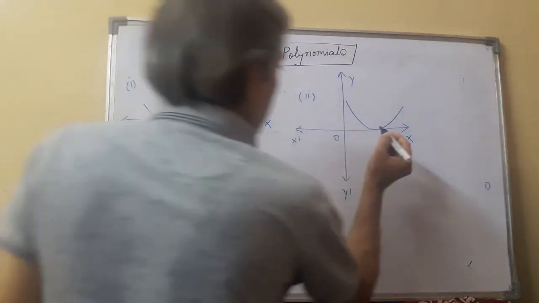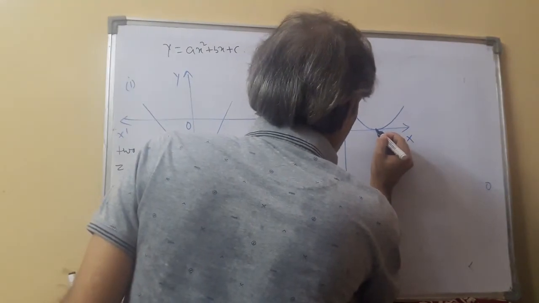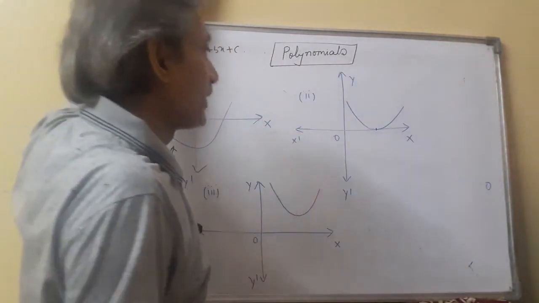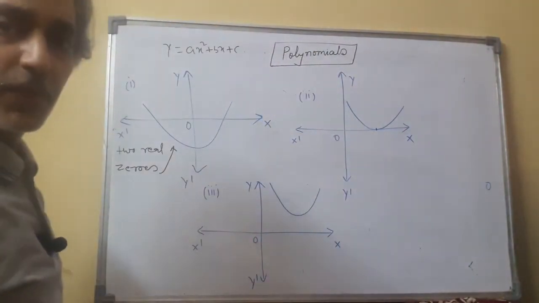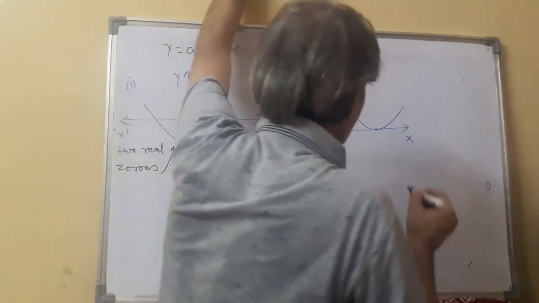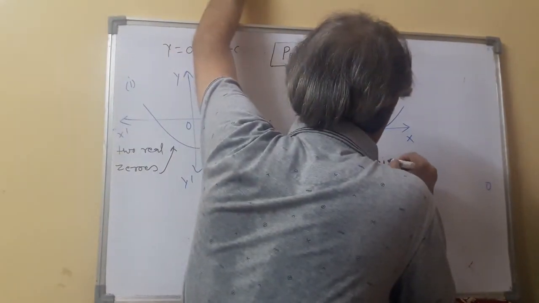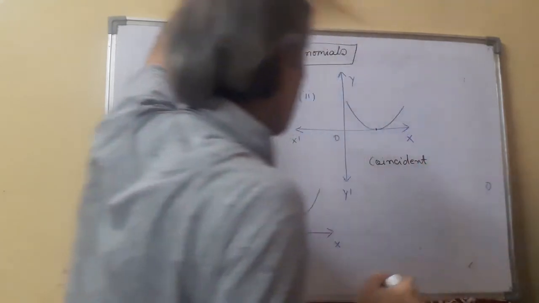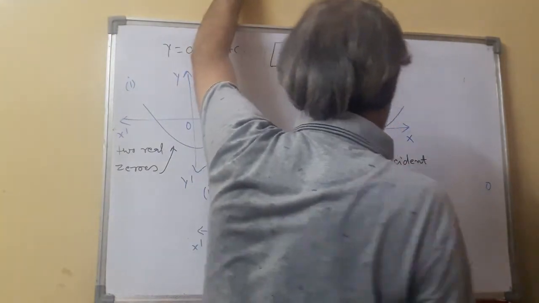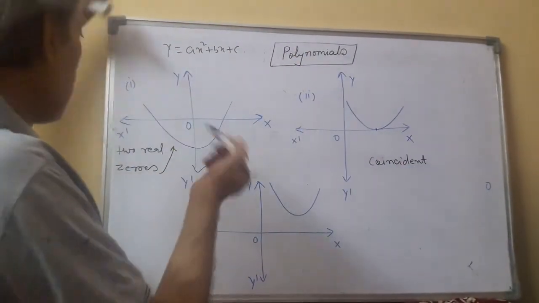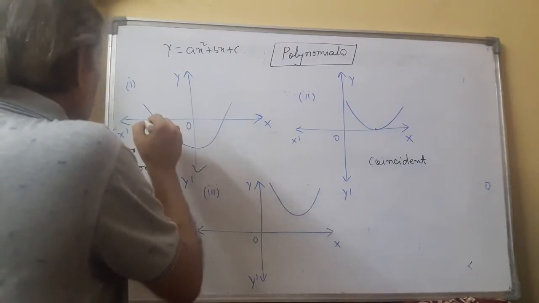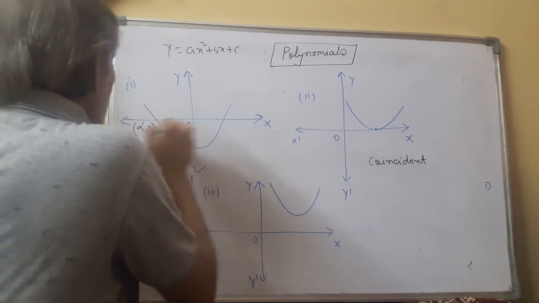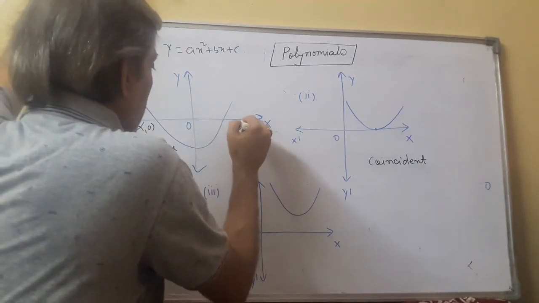What about this? It is not cutting, just touching here. In this case also we will have two zeros, but they will coincide, meaning the same number repeats itself twice. In the other case we will have different values, let's say alpha comma 0 and beta comma 0.